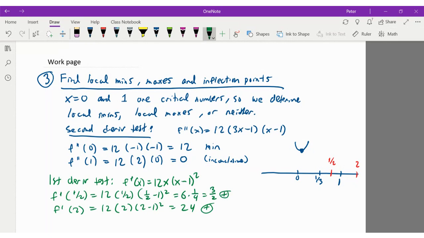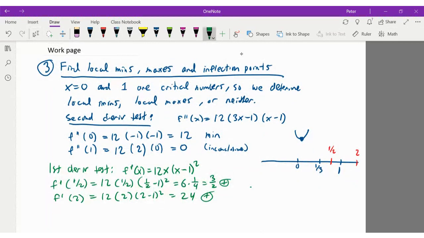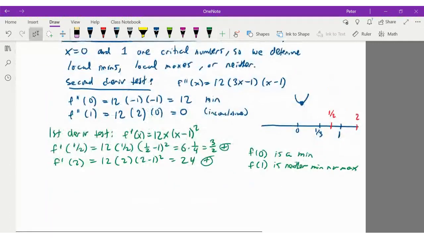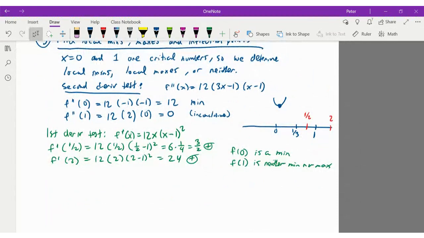So what we can conclude here is that f of 0 is a min, and f of 1 is neither min nor max. So that's what we can conclude about those points. Okay, so that's what we know about whether the function is increasing or decreasing and what's a local min and what's a local max.